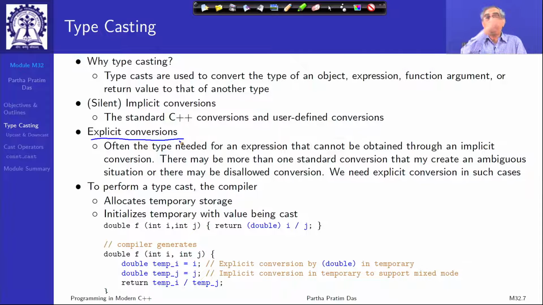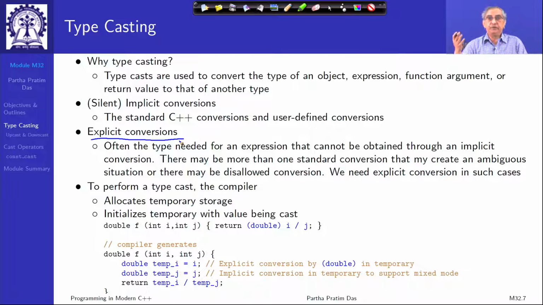Or there may be two ways to do the conversion. If those kinds of things exist, then the compiler gets confused, because certainly the compiler does not want to assume something which the programmer did not really mean. So it is much better to refuse to compile that than to compile something which has unpredictable behavior.